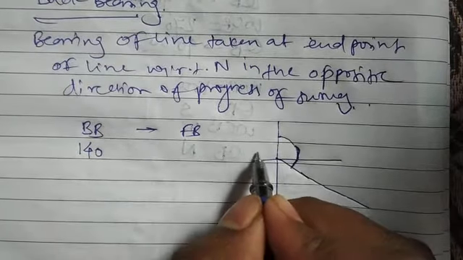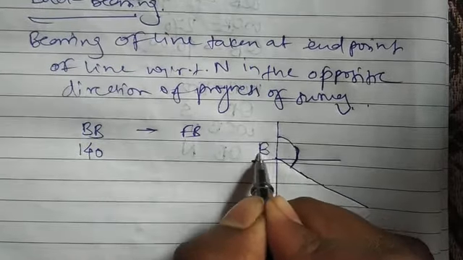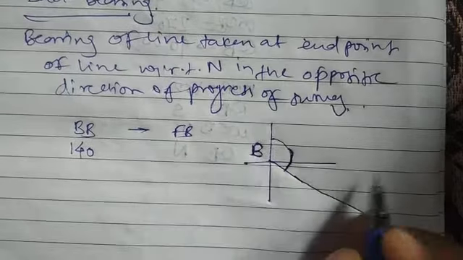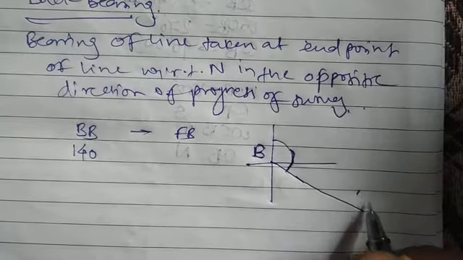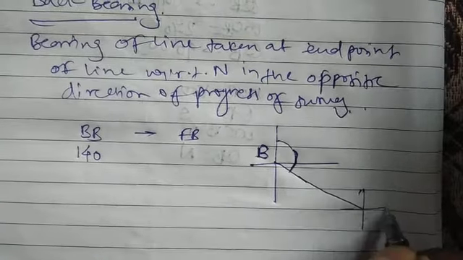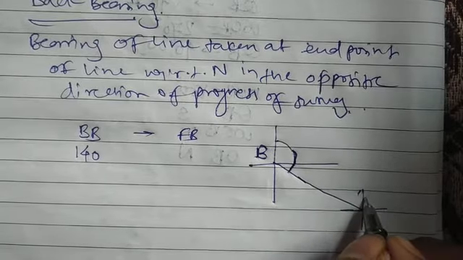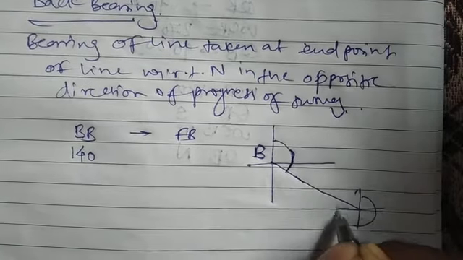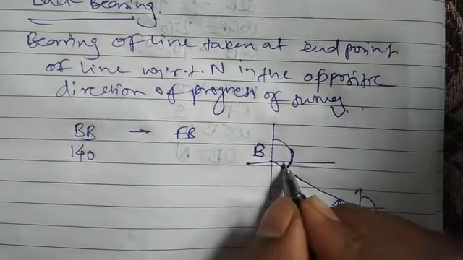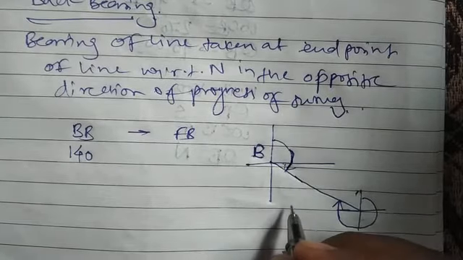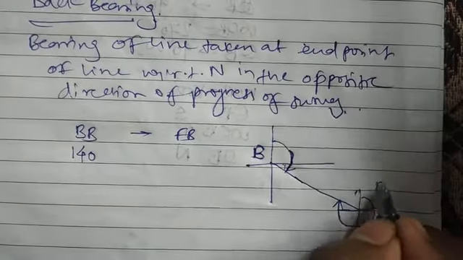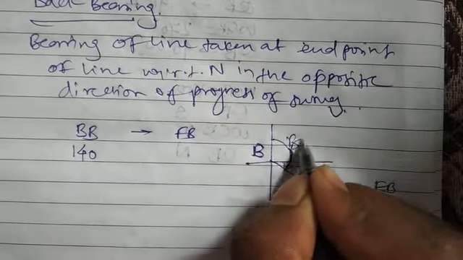Now this is the back bearing, so this should be the end point of the line. So here somewhere it will be the starting point of the line. So for that line, this angular distance must be the forebearing of the line, as this is the back bearing.